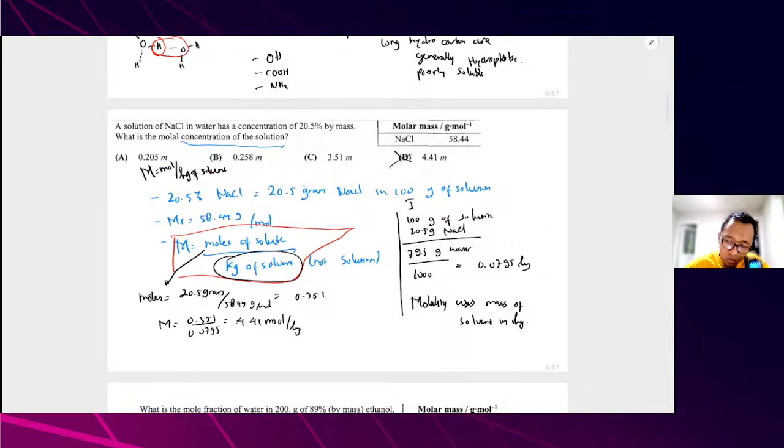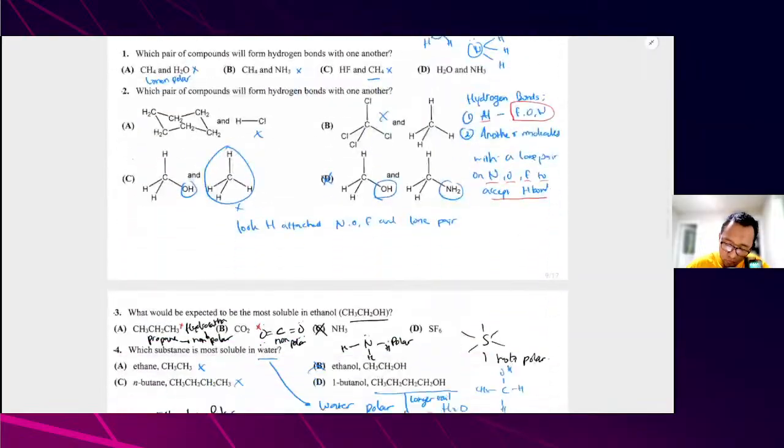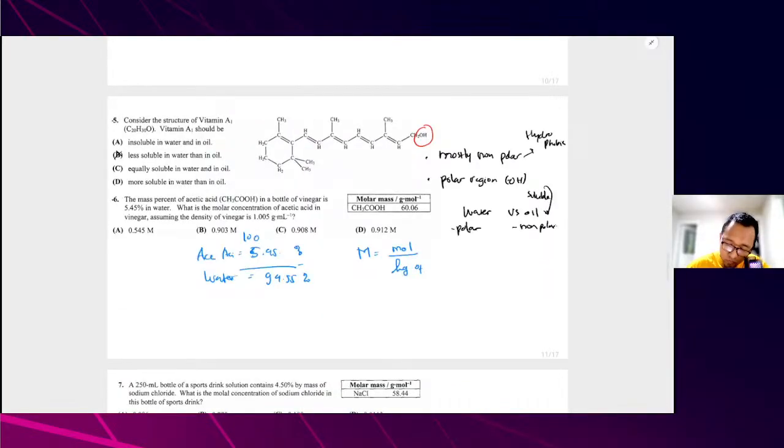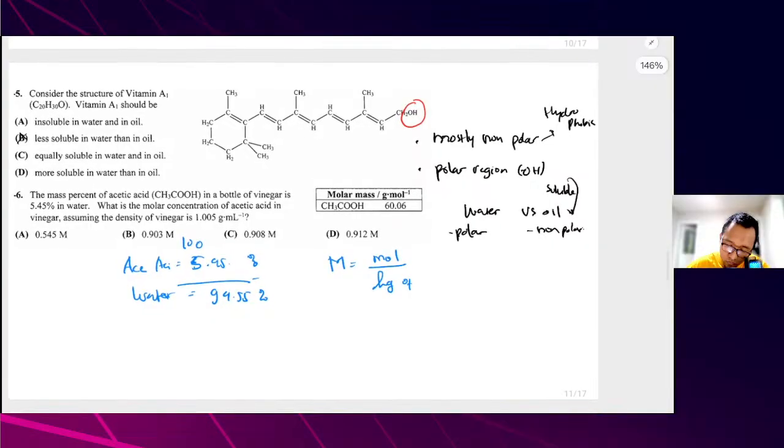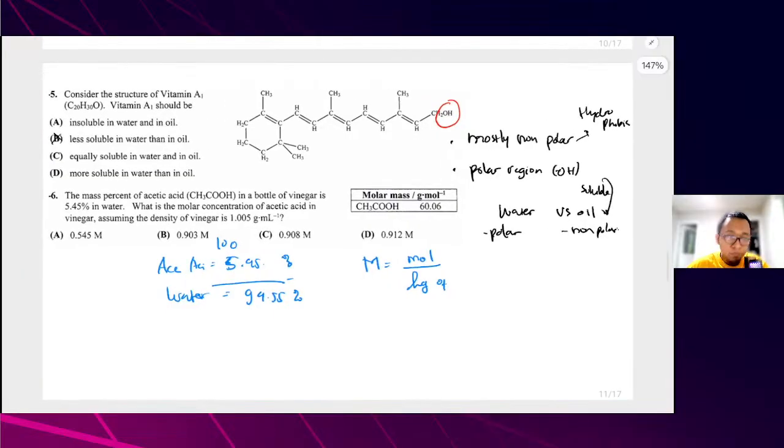This is the molar concentration of the solution. It should be in kg or in liter. It's the same, right? Kg or mole per liter. It depends on the question, but remember it should be in kg or in liter.